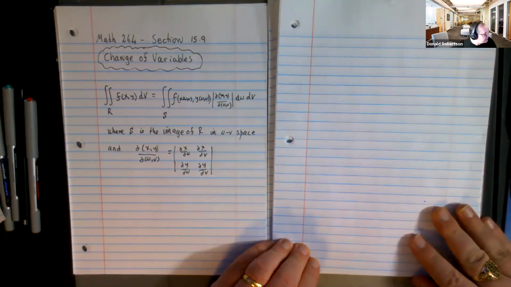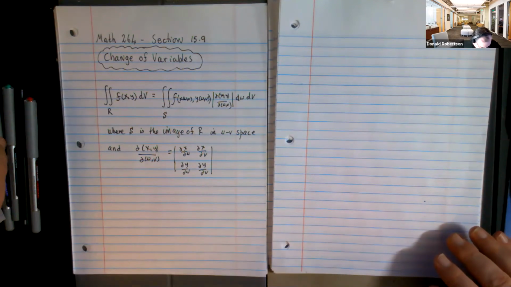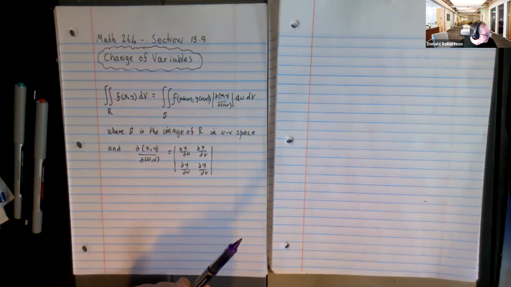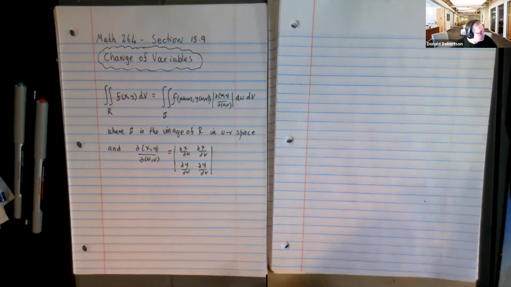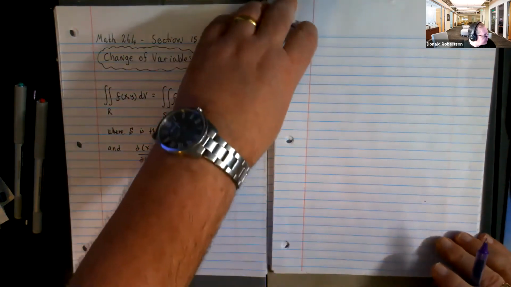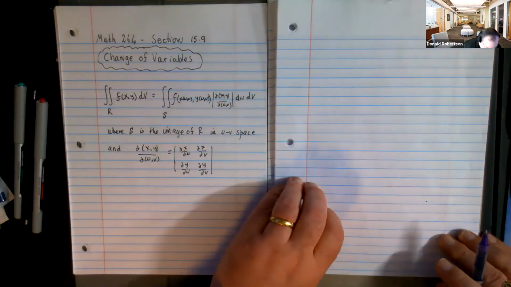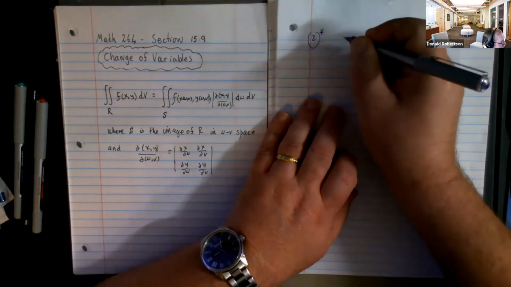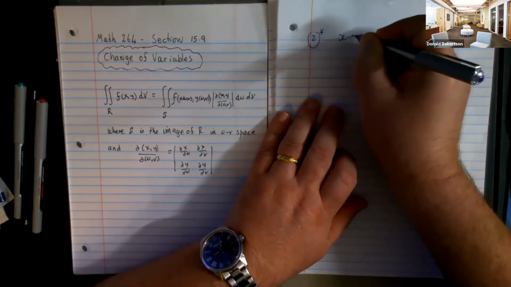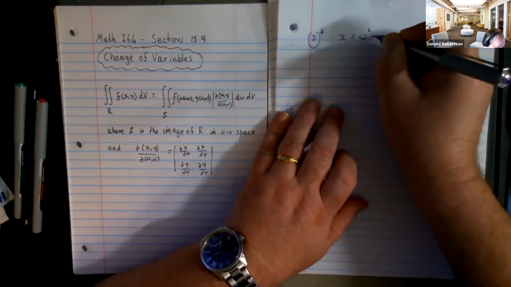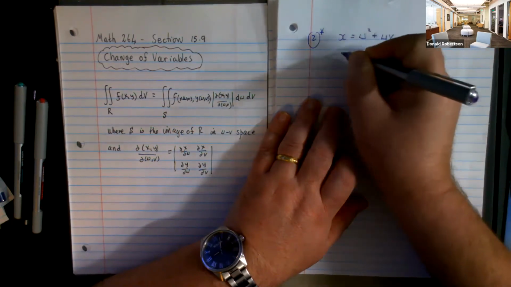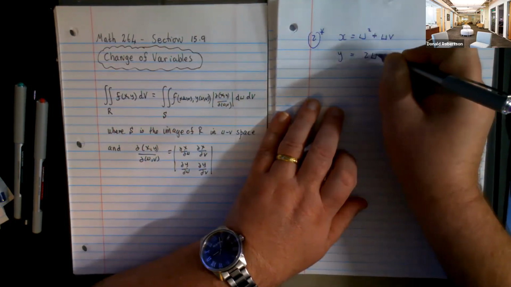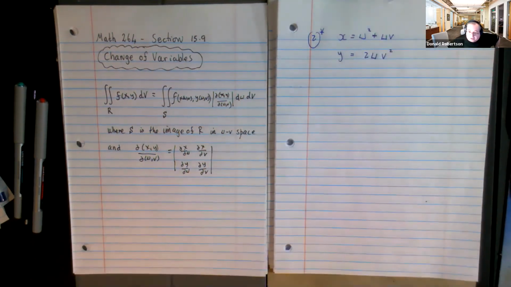Let's get started. If I give you who x and y are in terms of u and v, let's just do some practice finding the Jacobian. This one is a version of question 2. x is u squared plus uv, and y happens to be 2u and v squared, which is fine.